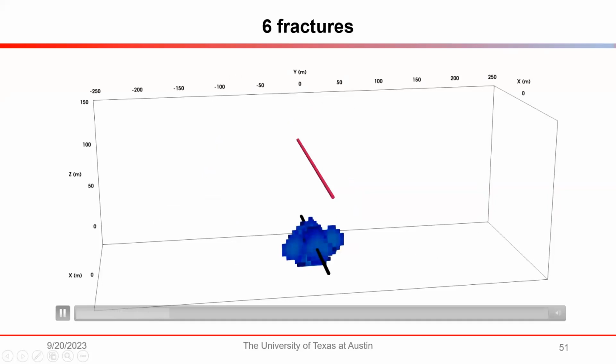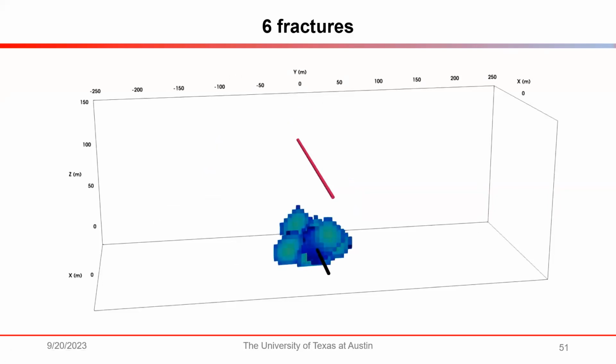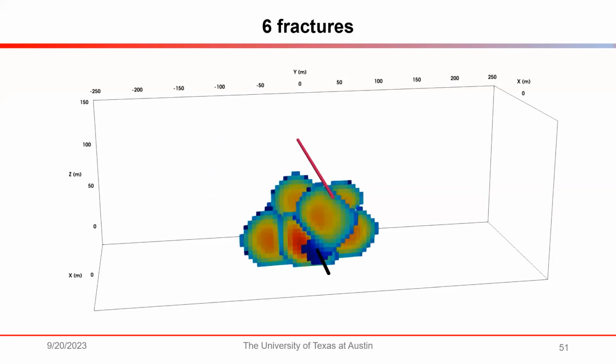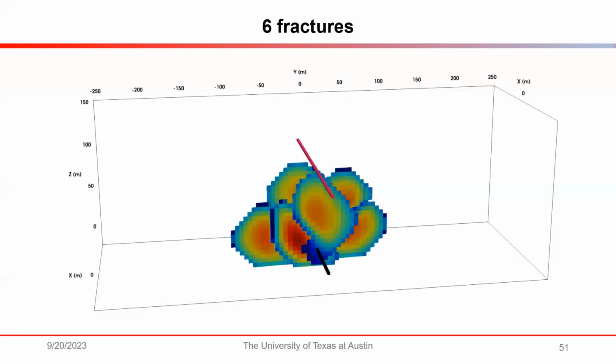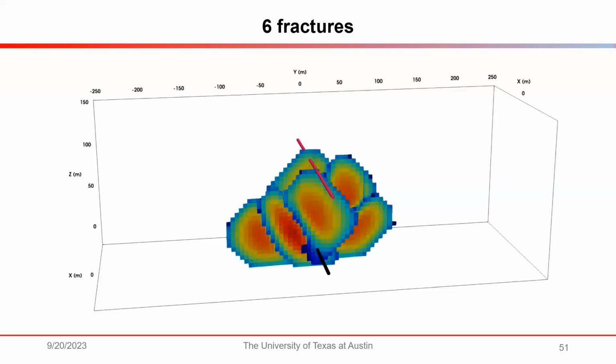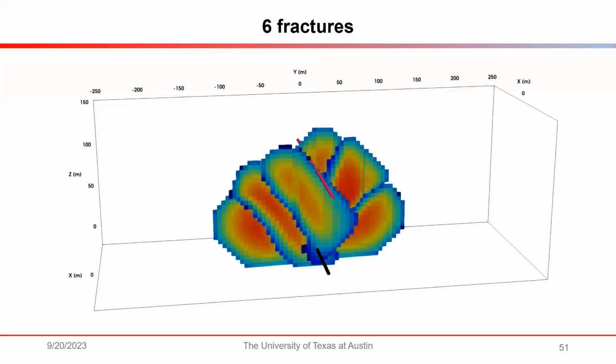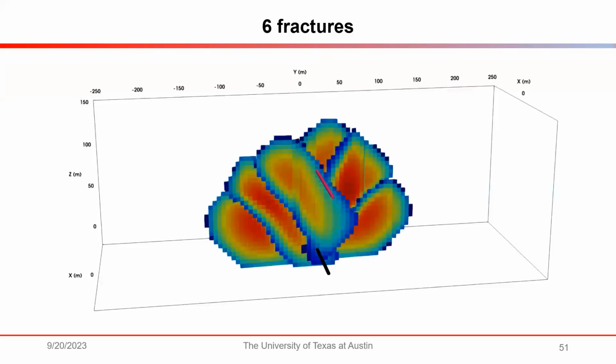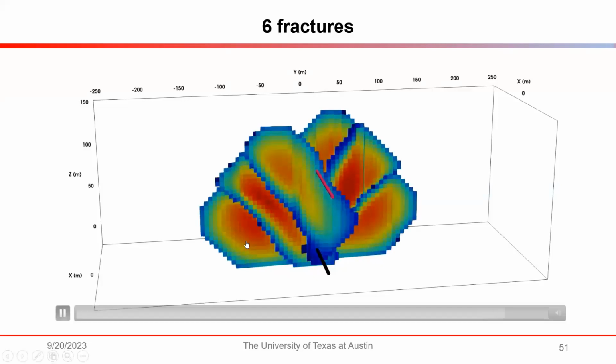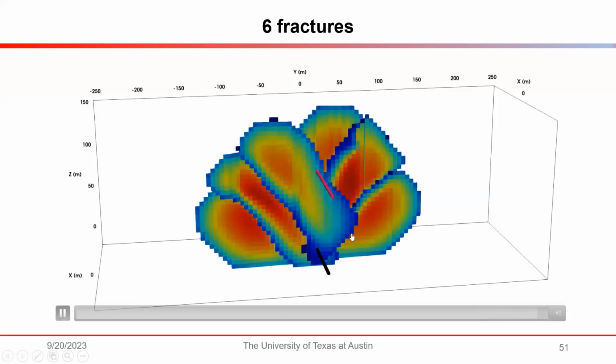It's a little bit hard to see because it's in 3D, and it's kind of tough to visualize this. But you see 2 fractures out of the 6 intersecting the 16B well, and of course the other fractures are veering off to the side because of the stress shadow effects.